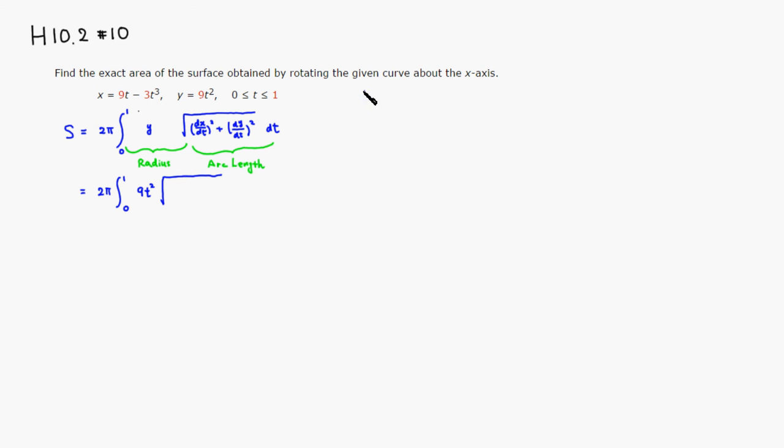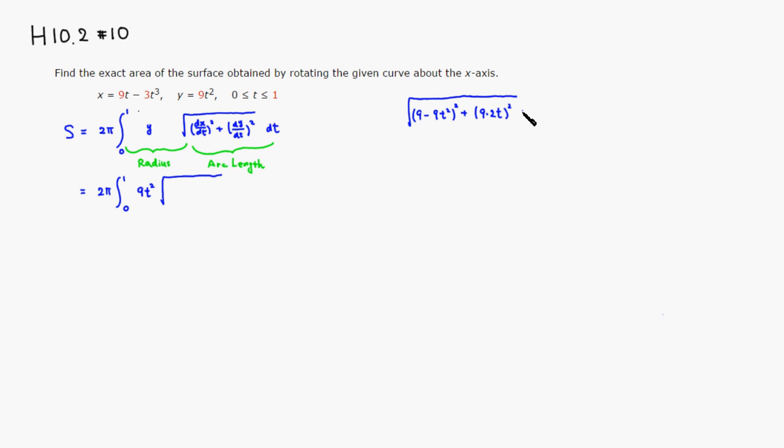actually, let's compute this on the side. It's a square root of the derivative of x, which would be 9 minus 9t squared, and we have to square that, plus the derivative of y, which is 18t. I'm going to write it as 2 times 9t, and we need to square that.